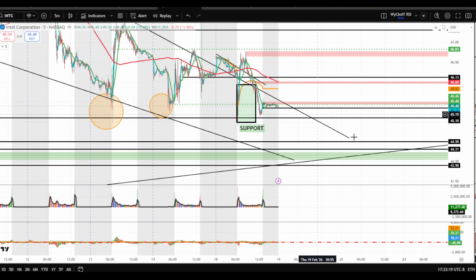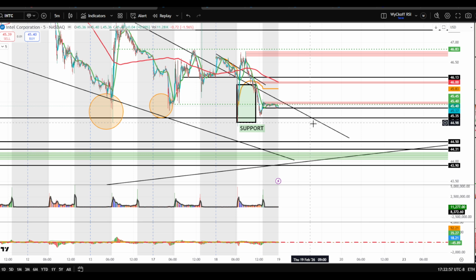I had marked out this channel, and if it doesn't break out of this channel and hold above it to get VWAP around 45.83 or $46 for the 200, and this resistance level at 46.12, it could drop to 45, where there was a pretty strong support area from 45 to 44.95.